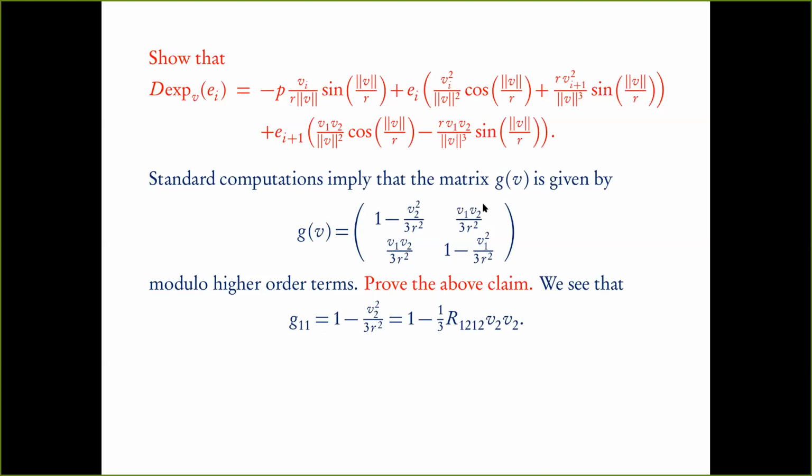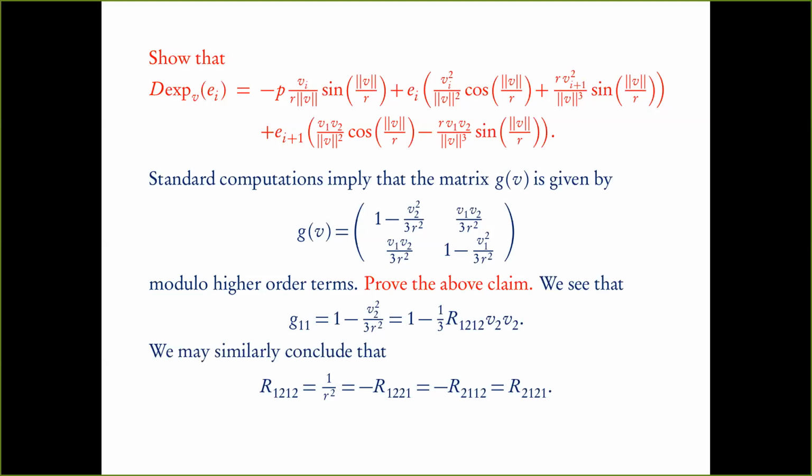So when you expand the G12 term, you get R1221, and R1221 is minus 1 over r square, because there's no minus sign here, but R1221 is minus R1212. So you recover all the Riemann curvatures as one single element, R1212.